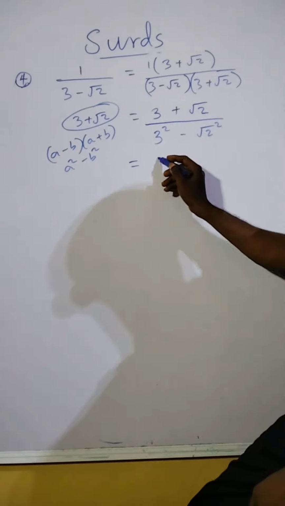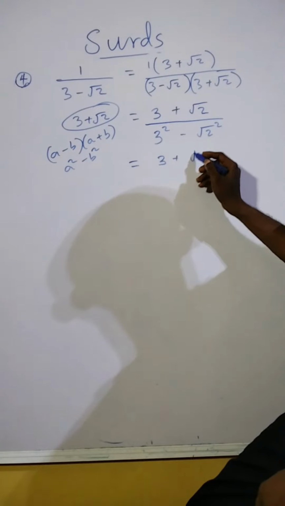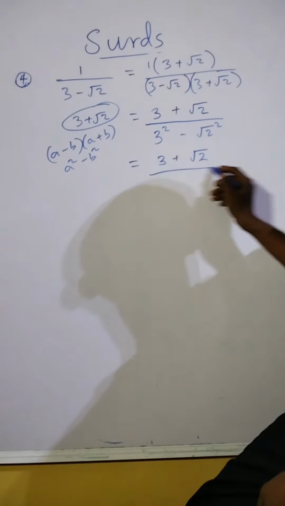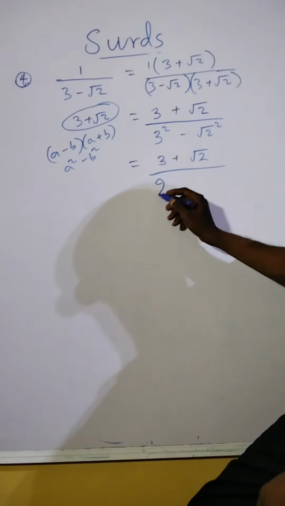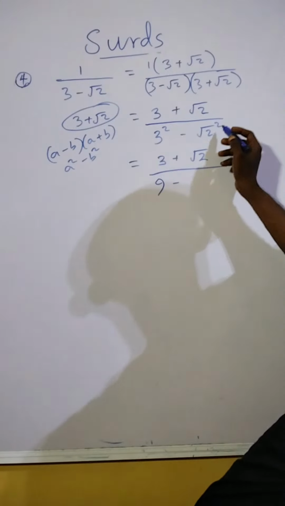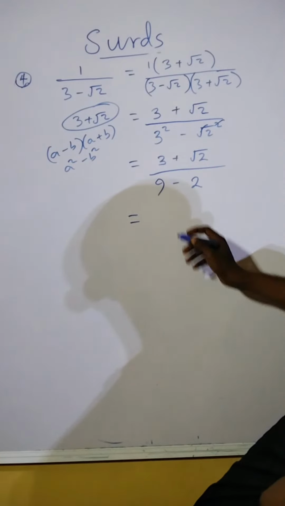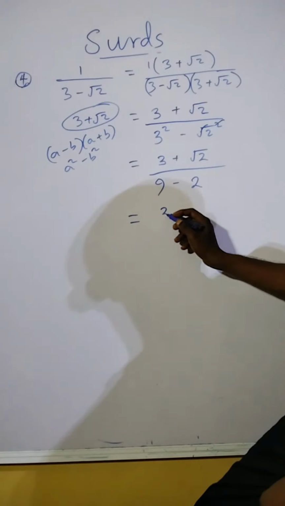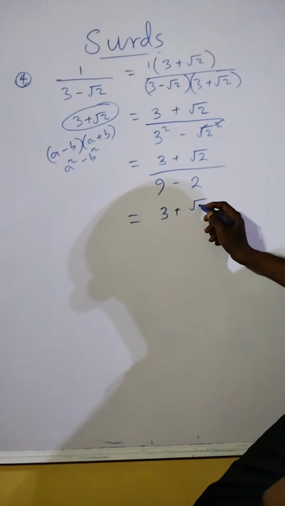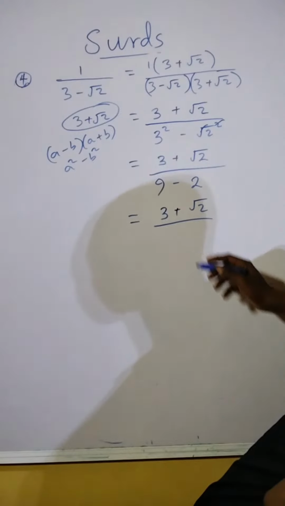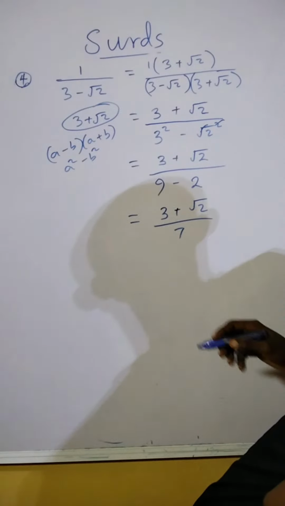Then here we have 3 plus root 2 divided by 3 square, that's 9, and minus root 2 square, square cancels square root, we have 2. Then equals 3 plus root 2 over 9 minus 2, that's 7.